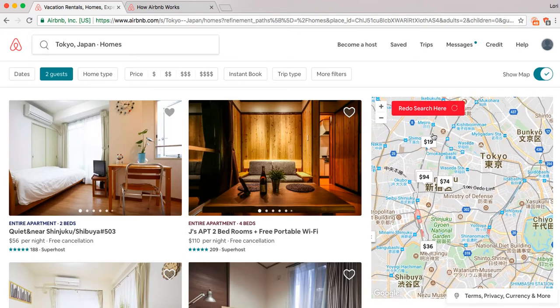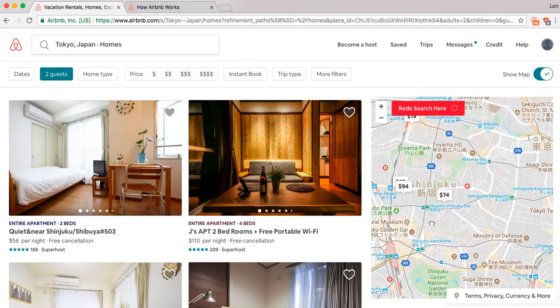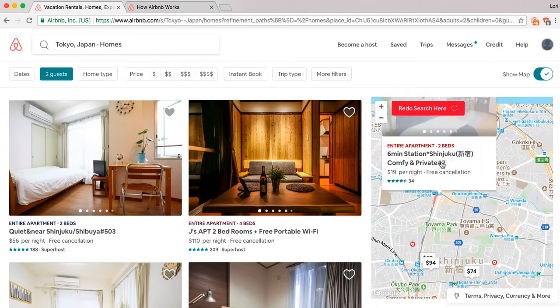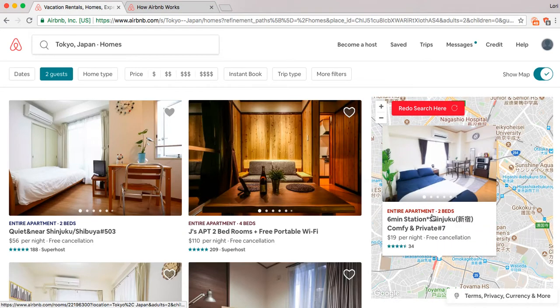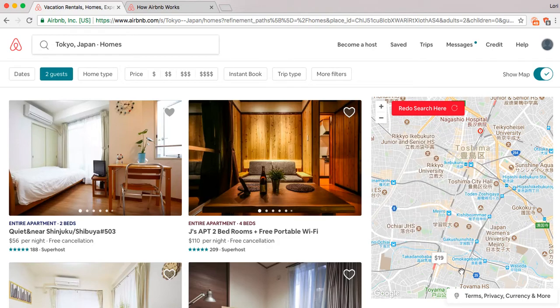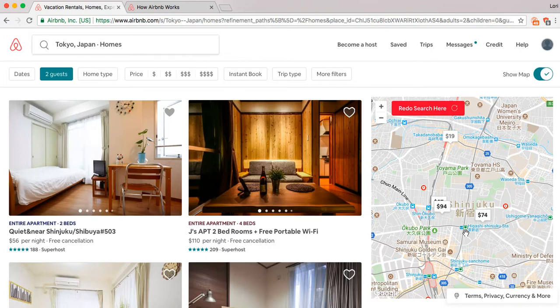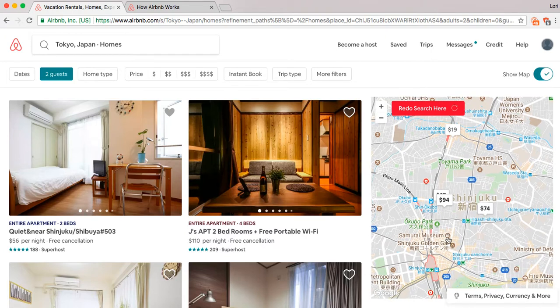So look at this one over here. This one, because it's a little further away from the city center, from Shinjuku, which is one of the most popular destinations in Tokyo, just goes for around $19. So look at this entire apartment, 2 beds for $19 instead of the 74 dollars that will cost you in order to be right there in Shinjuku. And that's a really easy way of saving money.